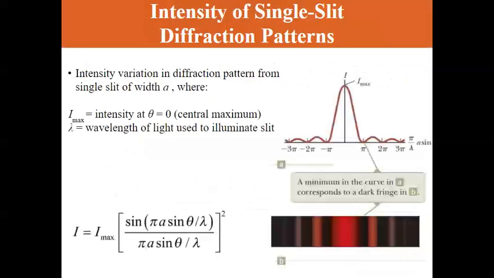So you can also describe the intensity of the diffraction pattern as you move along the screen. And this formula is based on the idea that there's a max intensity that occurs right at the center. So that's as bright as the pattern's ever going to get.